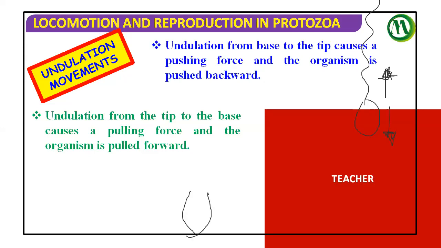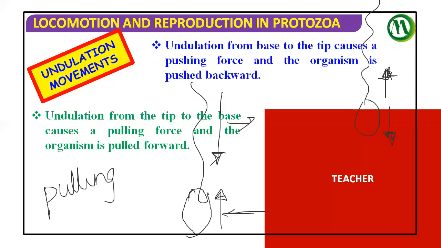Then undulation from the tip to base. Now imagine this is the Euglena. Undulations come from here, tip to base, from the tip of the flagellum to the base of the flagellum, and the organism is pulled forward. So this is the undulation of the flagellum and this is the organism's movement. We call that kind of force a pulling force, and the other is said to be a pushing force.